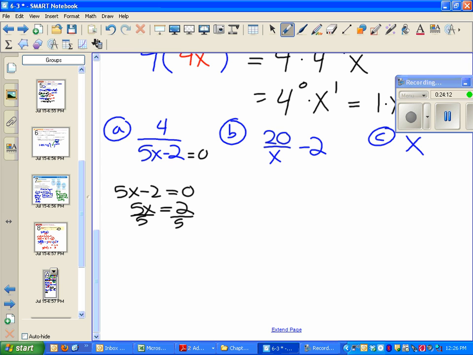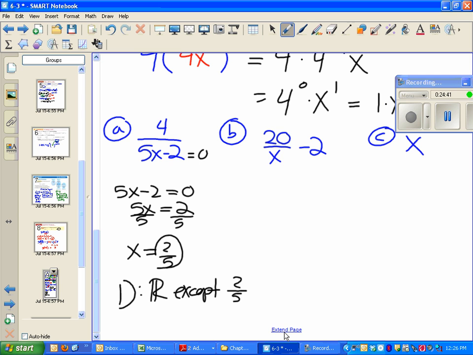When I divide, I get x equals 2/5. So that means when I plug 2/5 back into my function, I'm going to get a 0 in the denominator. So my domain is going to be all real numbers except 2 over 5.